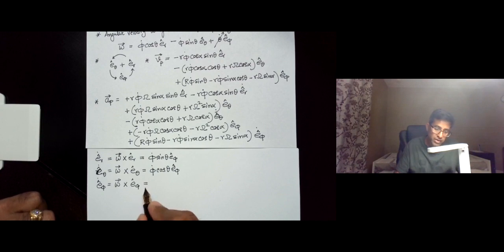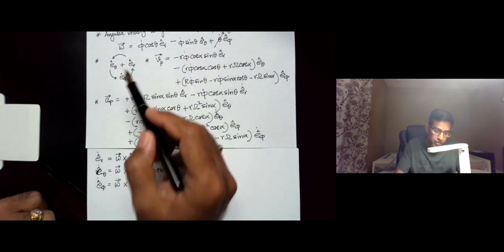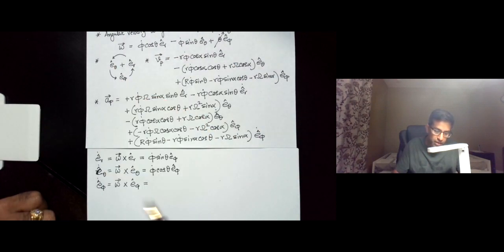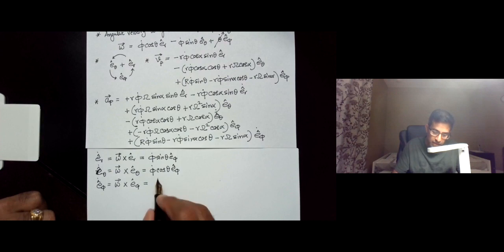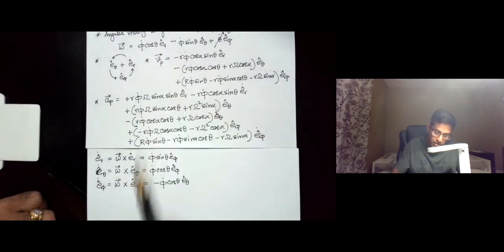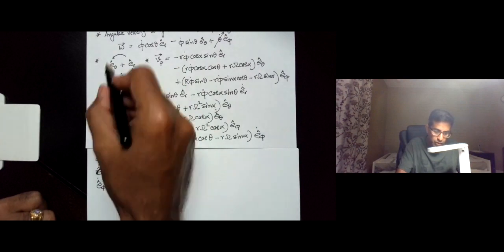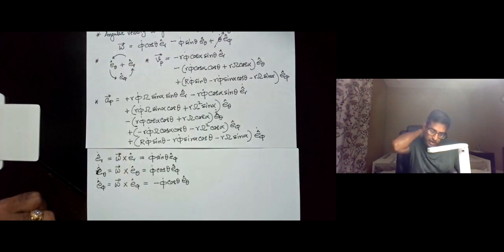Now again omega cross E phi, so ER cross E phi is going to give me E theta, but negative E theta, so negative phi dot cosine theta E theta, because we did R cross phi, so we went in the reverse direction.